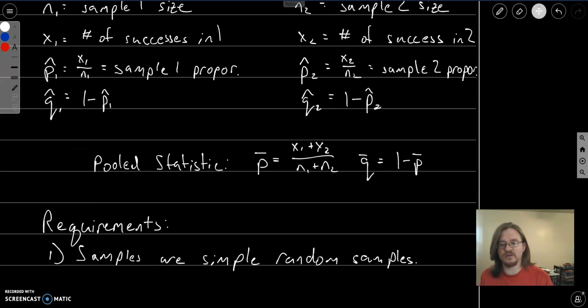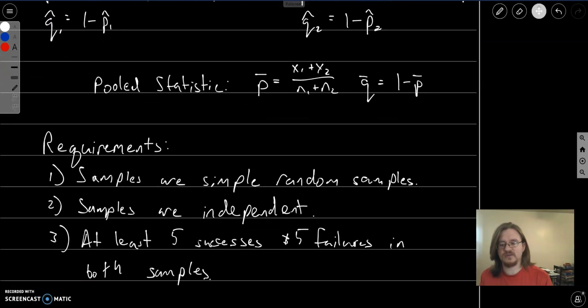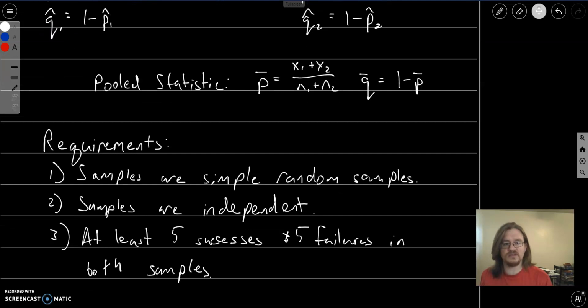So in order to test whether or not two proportions are equal, there's a few things that we need, and these are pretty standard. Our samples from both of our populations have to be simple random samples, just like always. One thing that's maybe a bit different is that our samples have to be independent. We don't want to use the sample that we collect from one population to influence the sample that we're collecting from the other. They have to be totally independent of one another.